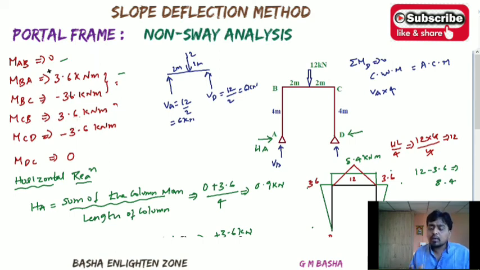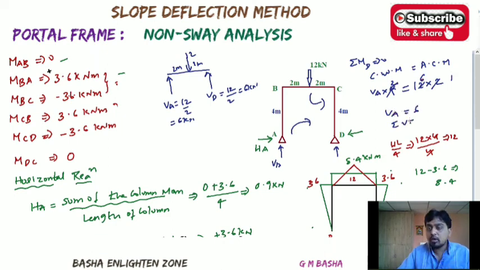Due to symmetrical moments, the entire moments cancel, so no need to take any moments here. Only if there is a difference in the moments will they be obtained here. The anti-clockwise moment is the downward force 12 into 2, and VA into 4 acts the other way. So 12 into 2, that is 24, divided by 4, VA equals 6.